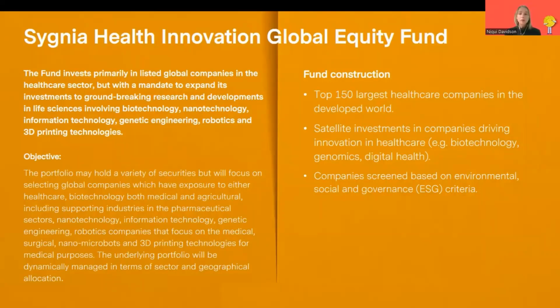So these might be companies within the biotech sector, or companies using genetic engineering, using nanotechnology, using information technology to develop new products and services within healthcare. And on top of this, all companies within the fund are screened based on their environmental, social, and governance criteria. This ensures that we are investing in companies that provide those really impactful healthcare products and services, but also do well from an environmental, social, and governance perspective.